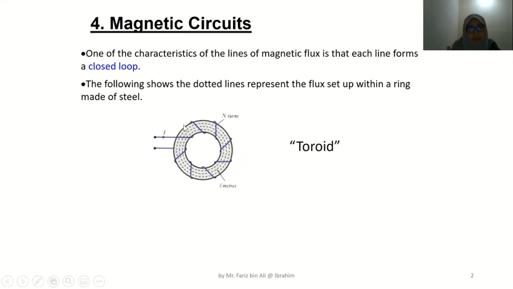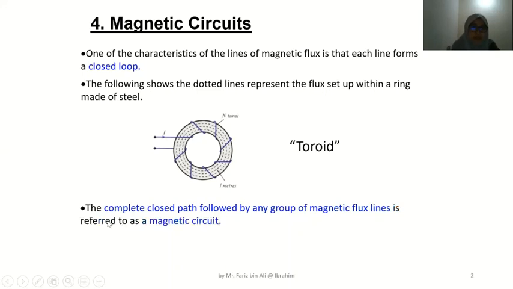So for magnetic circuits, one of the characteristics is that the flux line is a closed loop. The magnetic field also has to complete the closed loop followed by any group of the flux lines, referred to as the magnetic circuit.